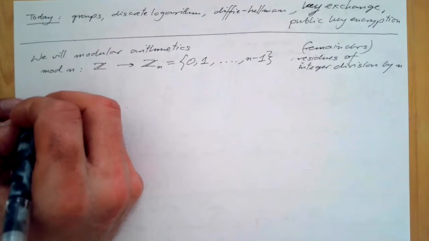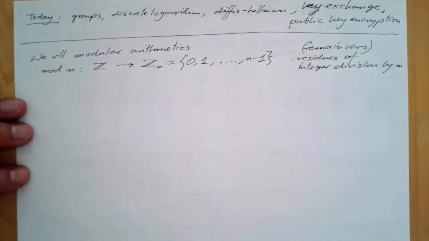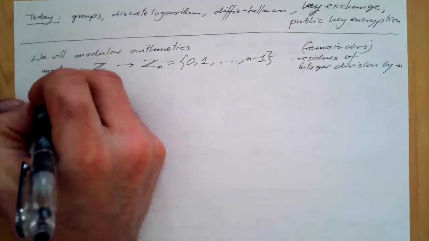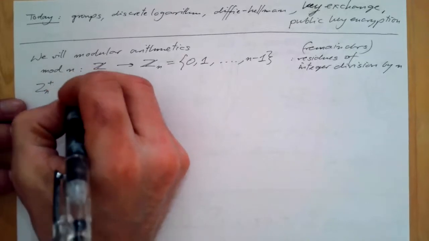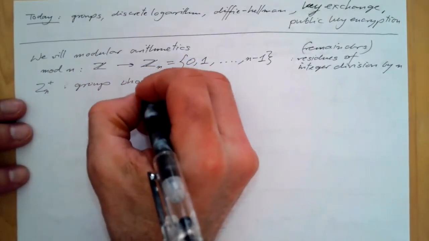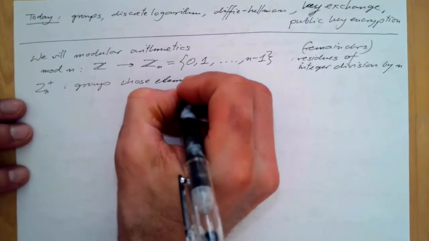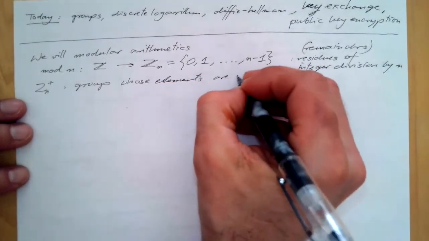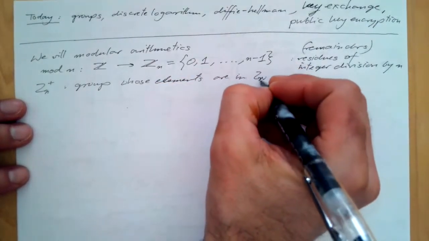Okay. So Zn plus is a group whose elements are in the set Zn.